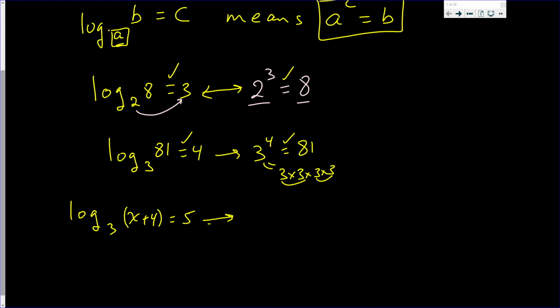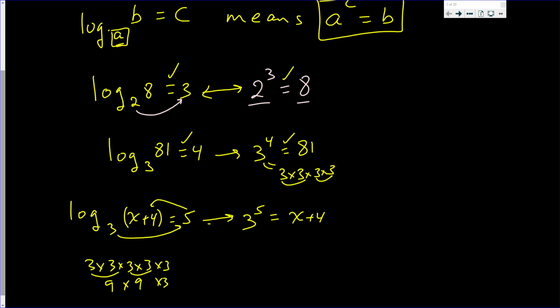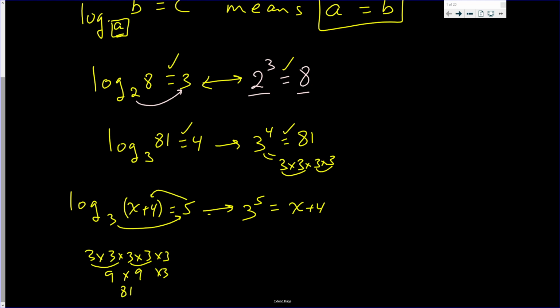But we do know that 3 to the 5th must equal x plus 4. Well, what is 3 to the 5th? 9 times 9, well, I know that's 81, times 3. Well, 3 times 80 is 240 plus 3 more. It's 243.